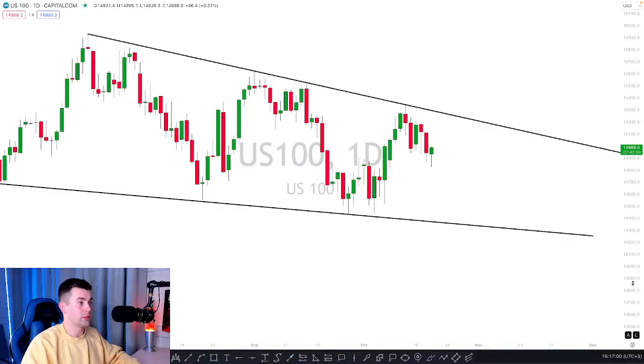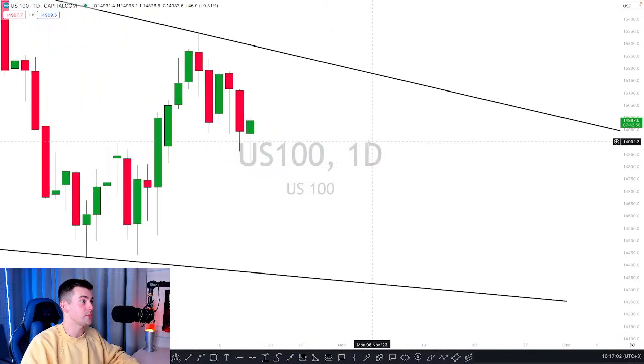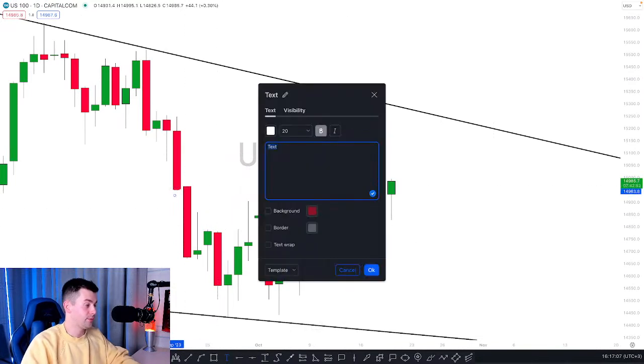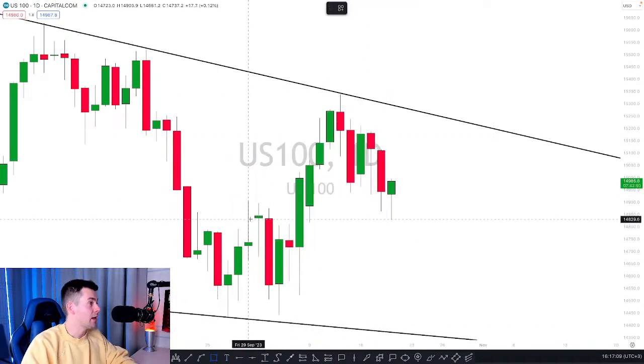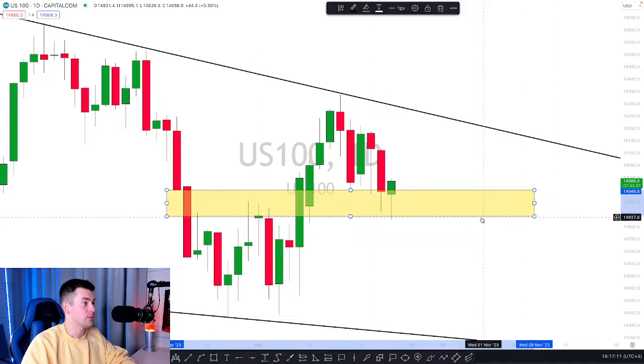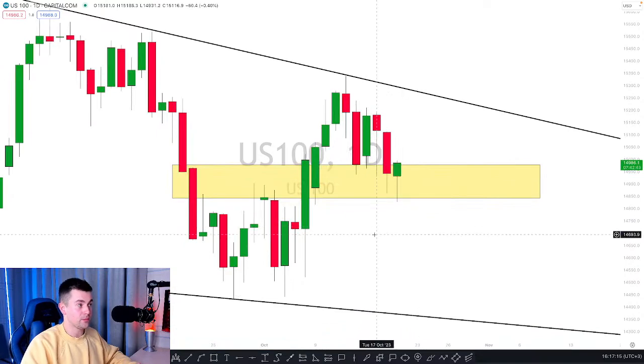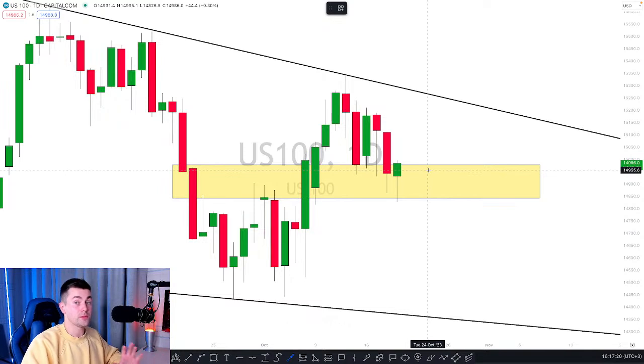Then zooming in on the chart and analyzing just the recent price action, we can spot a very peculiar thing. Here we have a strong horizontal structure. Yes, a very strong horizontal support that the market is testing at the moment. The first scenario for you is the bearish scenario.